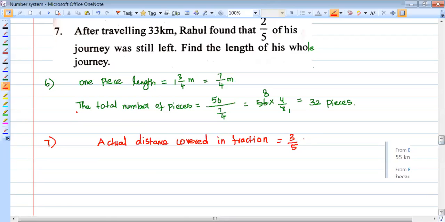So after traveling 33 kilometer, Rahul found that 2 by 5 of his journey was still left, so the actual distance covered in fraction is 3 by 5 of the total journey.